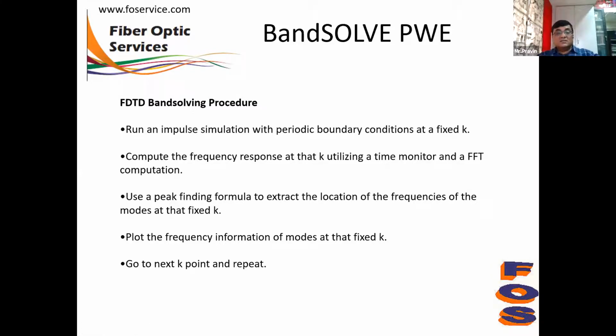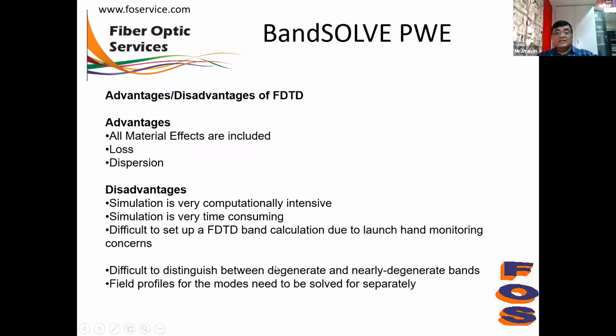This is a procedure to run the impulse simulation with periodic boundary conditions at fixed K, compute the frequency response at that K utilizing the time monitor and FFT calculation, and use the peak finding function to extract the location and frequency of the mode at that fixed K. Plot the frequency information of the modes for that fixed K, and then go to the next K and repeat, and so on, and you can find the band gap diagrams.